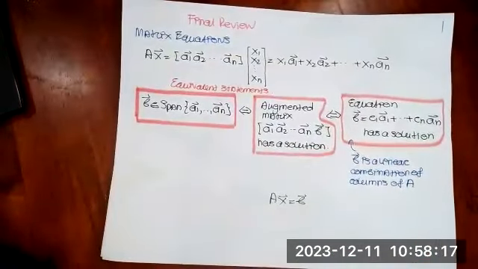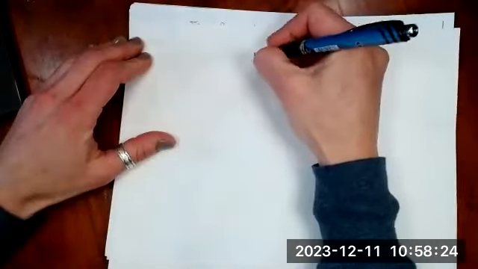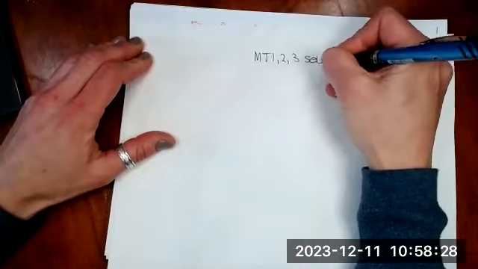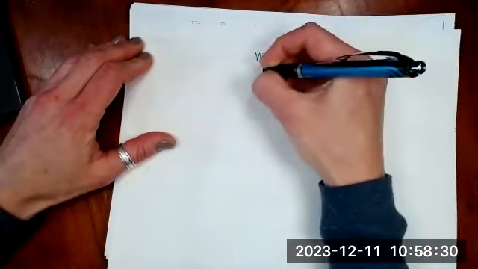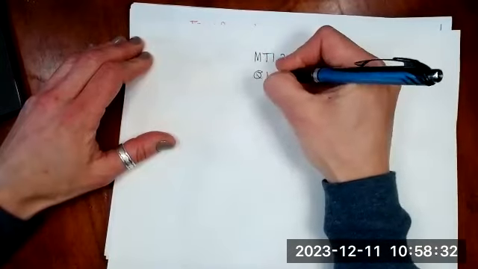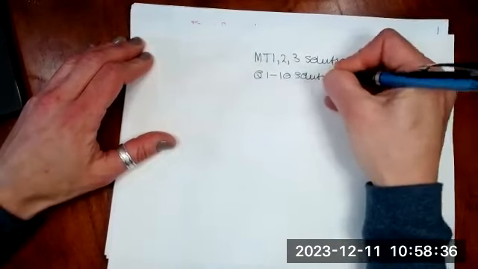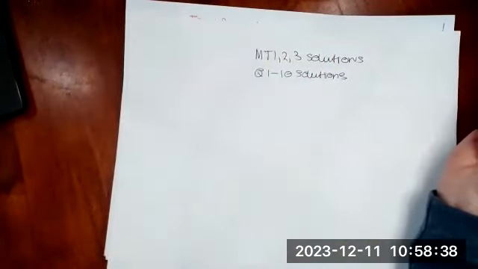And then again, just go over all of your midterm solutions. You have your midterm 1, 2, and 3 solutions, and then quiz 1 through 10 solutions. Just go over all of those.